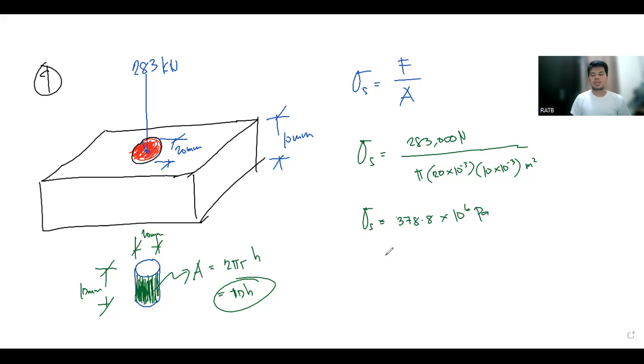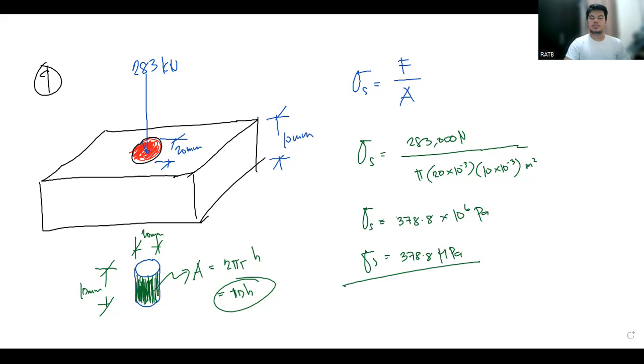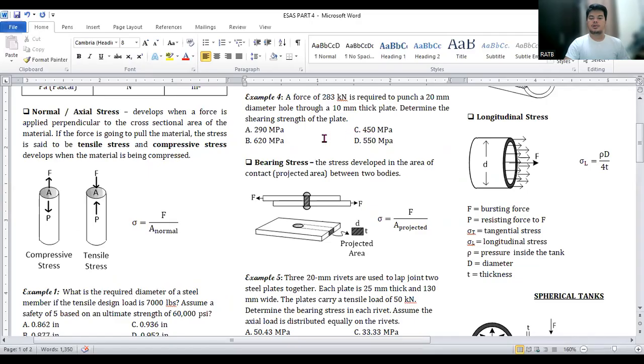Or basically we can rewrite it as 378.8 megapascal, since times 10 to the power of 6 is mega. So we'll try to see if we have the 378.8 answer from the choices.